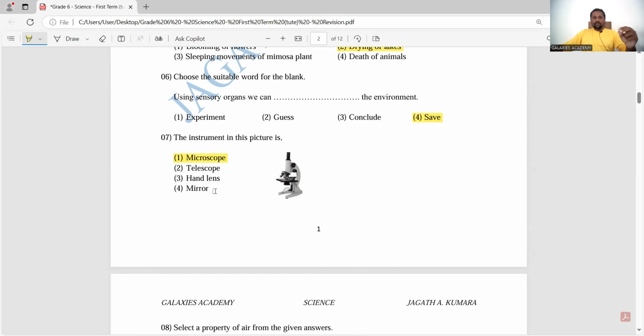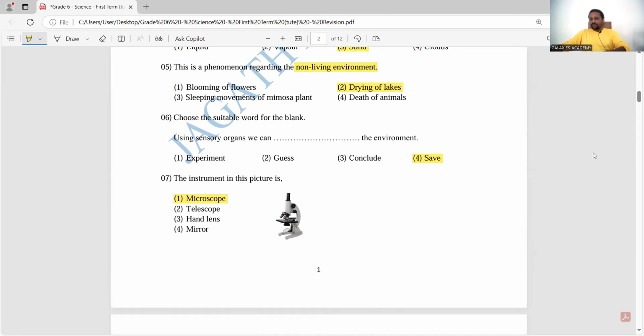Magnify means what? To enlarge the objects, then we can use the hand lens. Mirrors we can use to see your face, and also for other types of instances we use mirrors, right? So the correct answer for the seventh question is number 1, microscope.